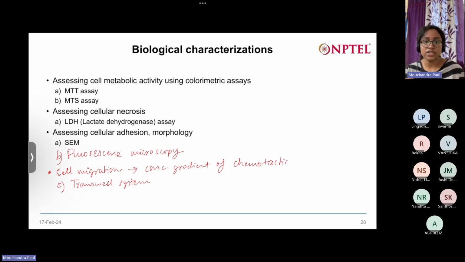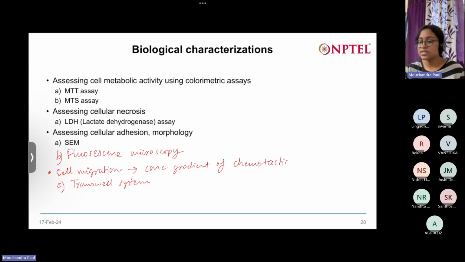This chemotactic agent binds to the receptor on the receiving cell. All right, it gets signaled, and it starts migrating towards the source from where the chemotactic agent was released, that is, towards the signaling cell. So it is able to sense the gradient. If the gradient is not there, the cell migration will not happen.